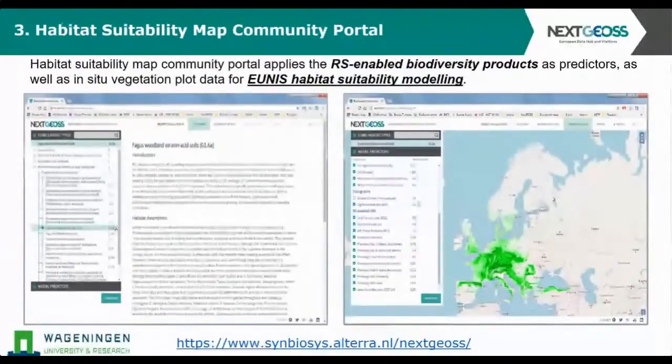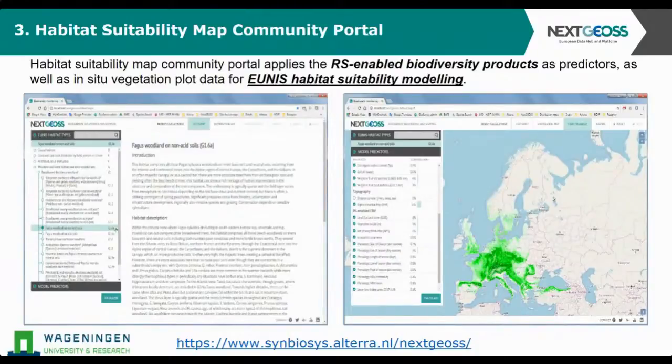This community portal is, I think, one of the best achievements, not only for NextGEOSS, but for the biodiversity community and also the remote sensing community. But the only limitation for this community portal is that the suitability map is at the European scale.